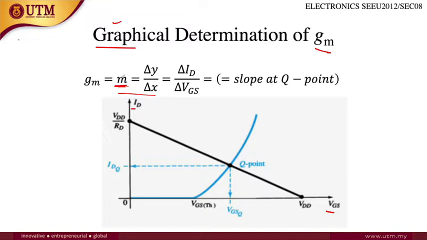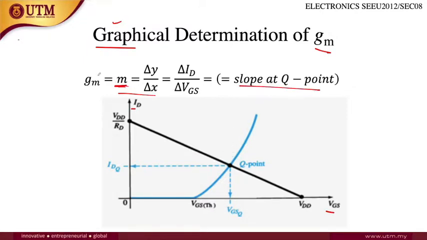M, the gradient of a slope, can be calculated using delta Y over delta X. In this case, delta Y will be any change in value of ID, the current that flows inside the drain, and delta X is any change in value of the voltage between gate and source. So delta ID divided by delta VGS is equal to the slope at the Q point.